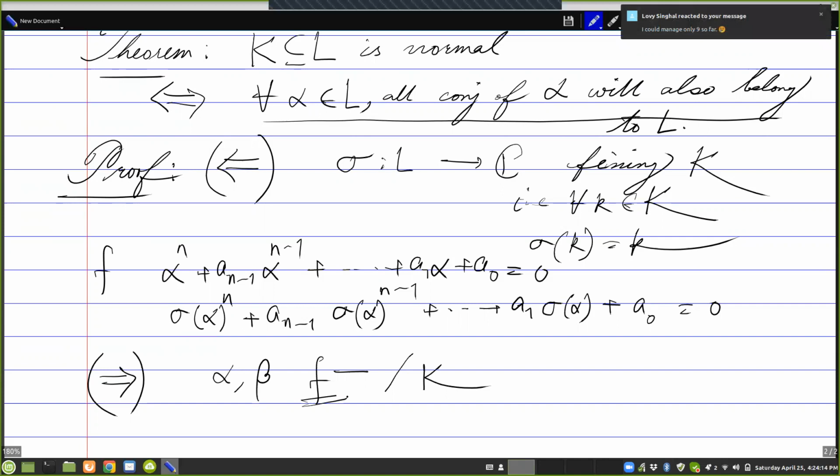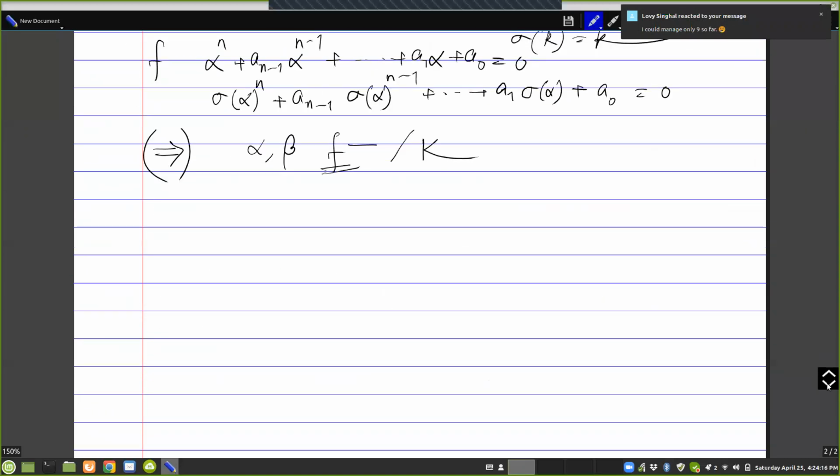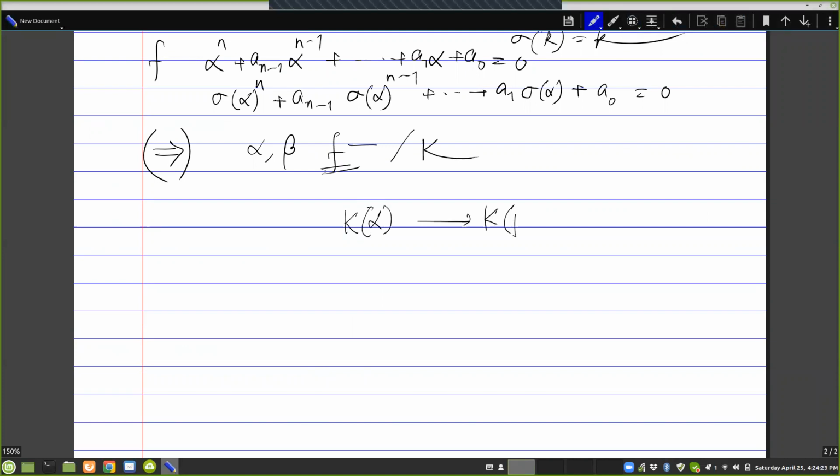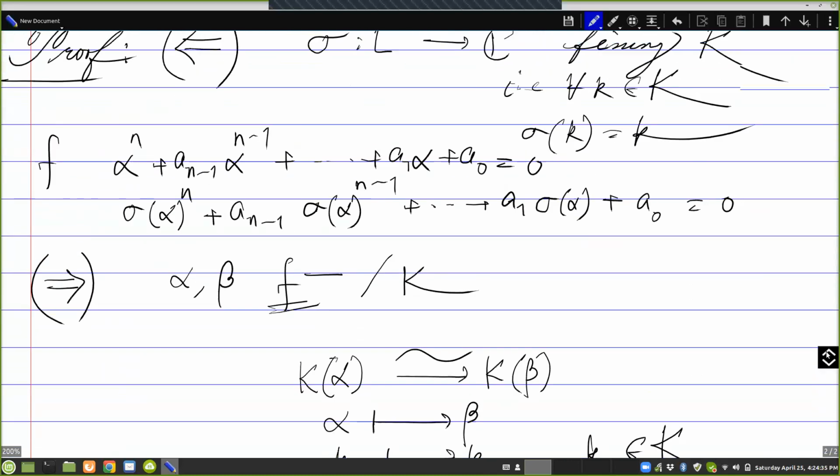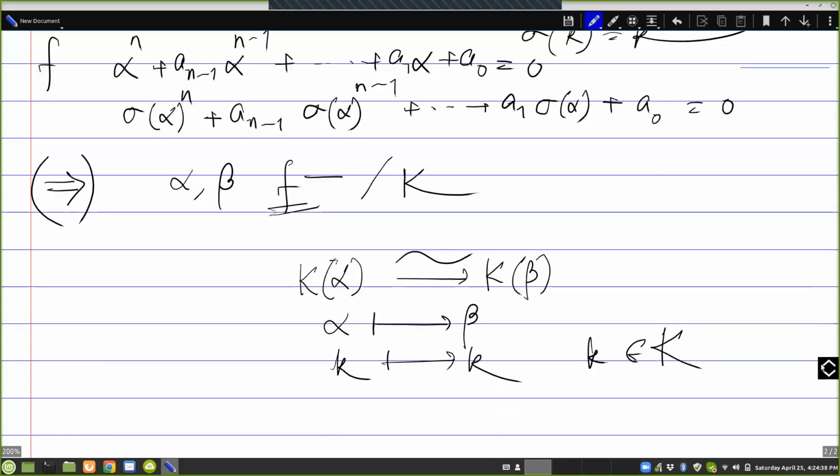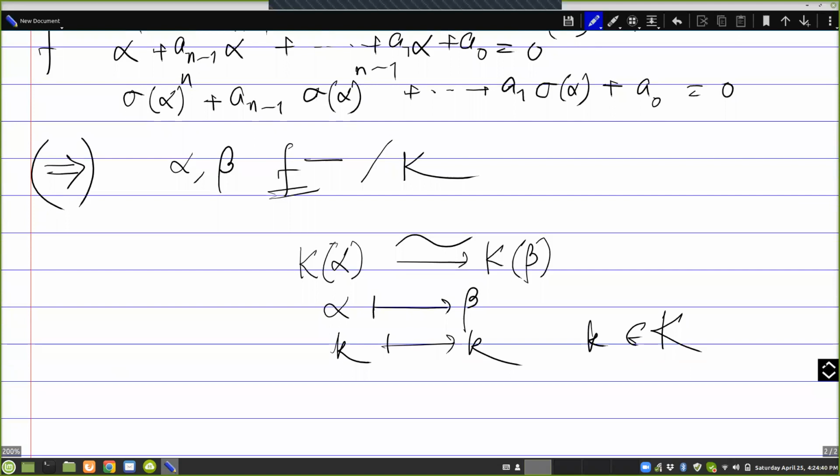So we know, from what we have just discussed earlier, that we have an isomorphism from K(alpha) to K(beta), which sends alpha to beta and sends each k in K to k. Okay, so we have an embedding like this.